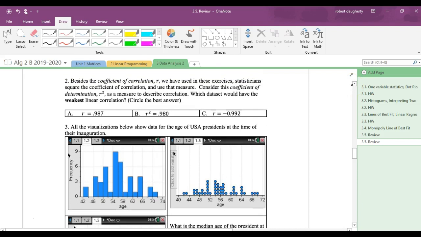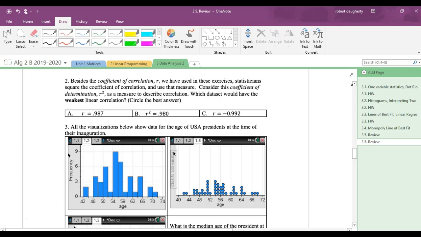The next one, you know, this review, this was the test a couple years ago, and this is something the kids hadn't seen, but I was just trying to see, can they intuition their way through this? Besides the coefficient of correlation R, statisticians will square the coefficient of correlation and use that measure. That's called the coefficient of determination, R squared. Which data set would have the weakest linear correlation?